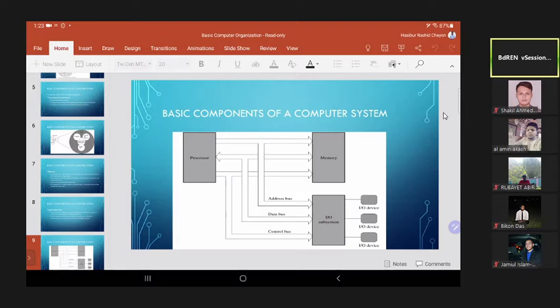Each combination refers to one location of the memory. For example, 101010 refers to one location of the memory. So each address refers to one location of the memory. That's why we can have that amount of combinations for that amount of memory.